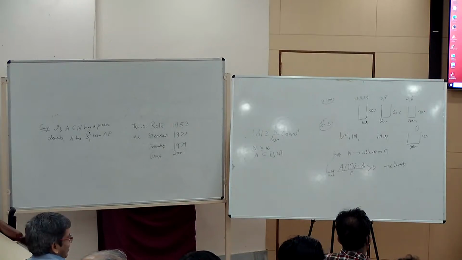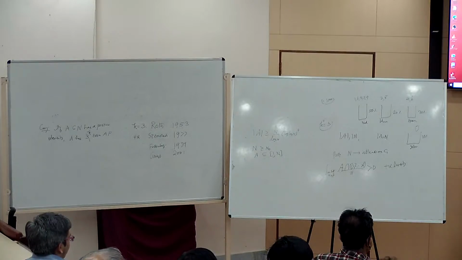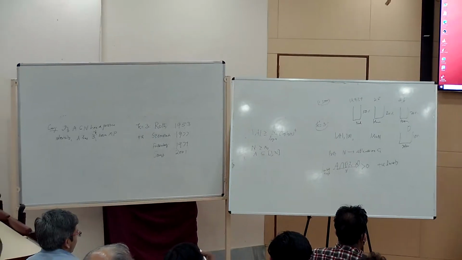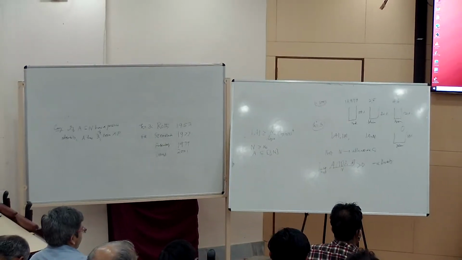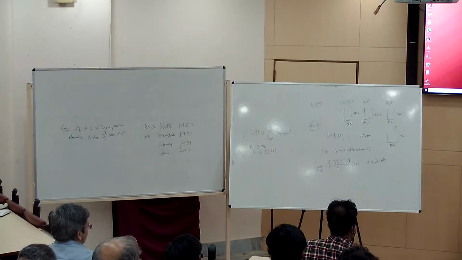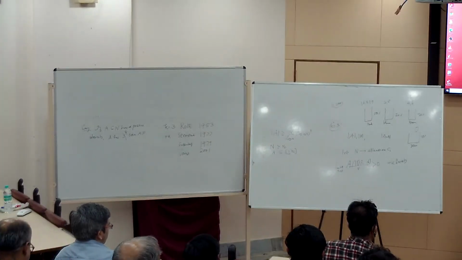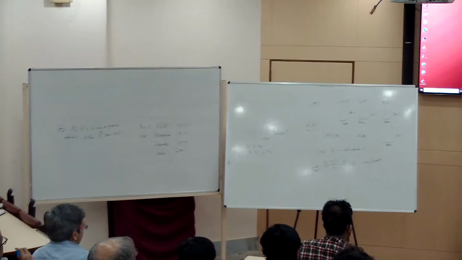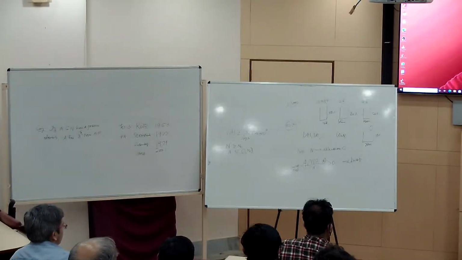Approximately n over log n. And therefore, the number which I am having is a little more than that. If I can somehow reduce the (log n) to the power 4 and get n over log n, that would mean that the primes themselves have a 3-term arithmetic progression.